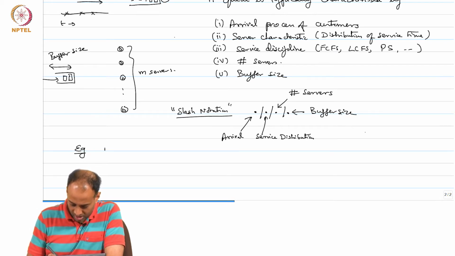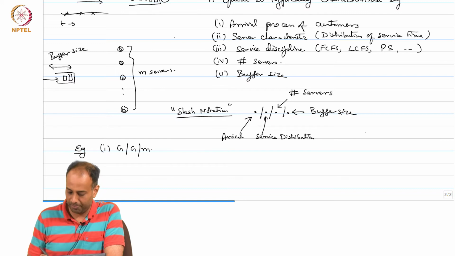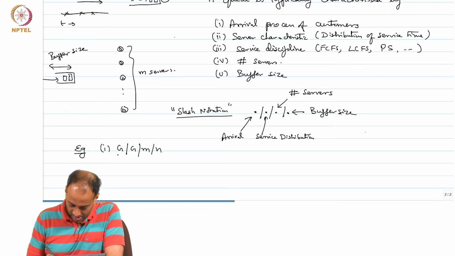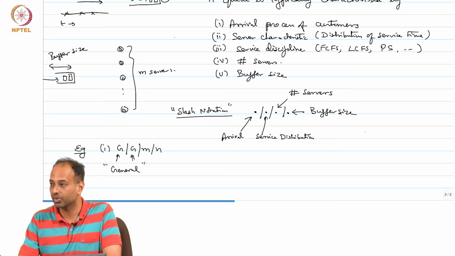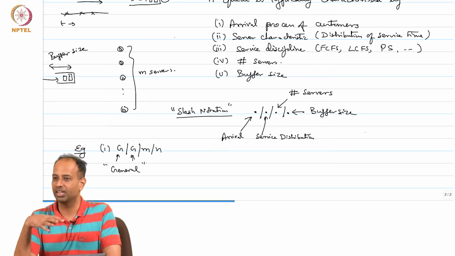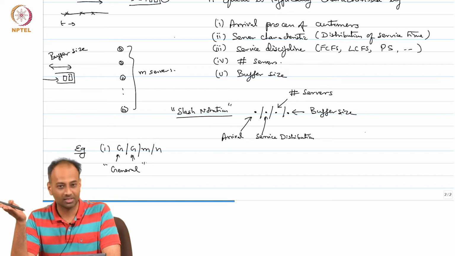The most general is something like G/G/M/N, okay. G denotes general. It could be any general arrival and any general service distribution.